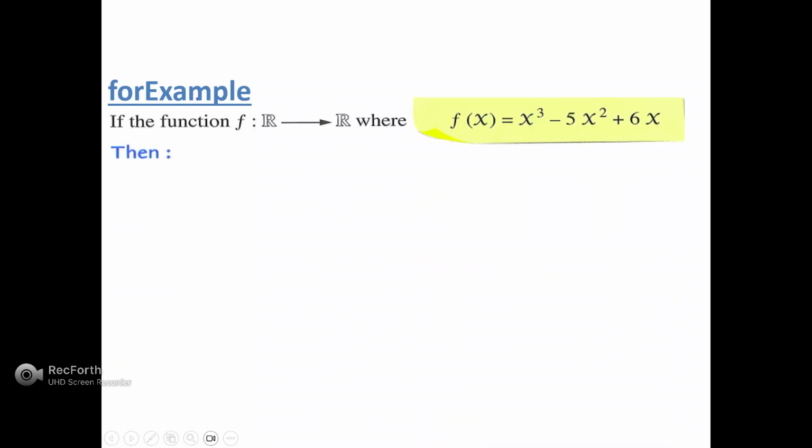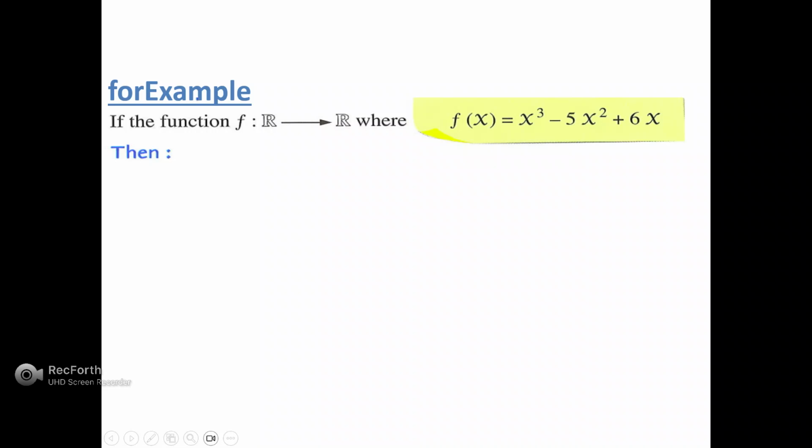If we have a function like f of x equals x power 3 minus 5x squared plus 6x, this is the rule of the function, and the function maps from the domain, real numbers, to the codomain, also real numbers. Now this function is a polynomial function.